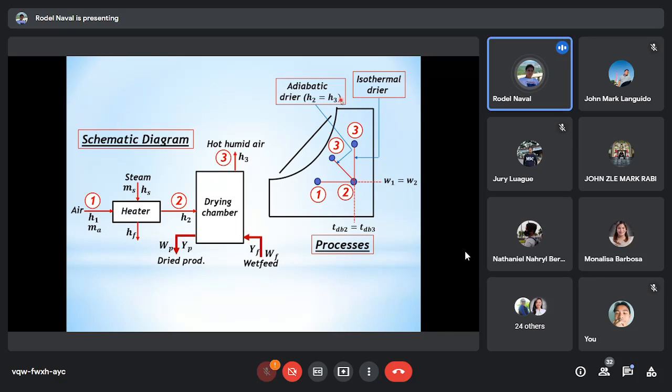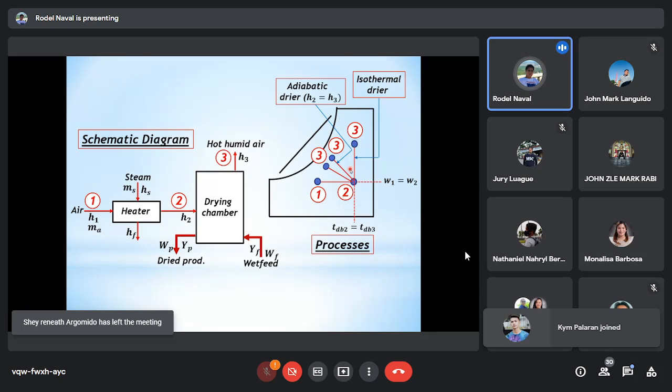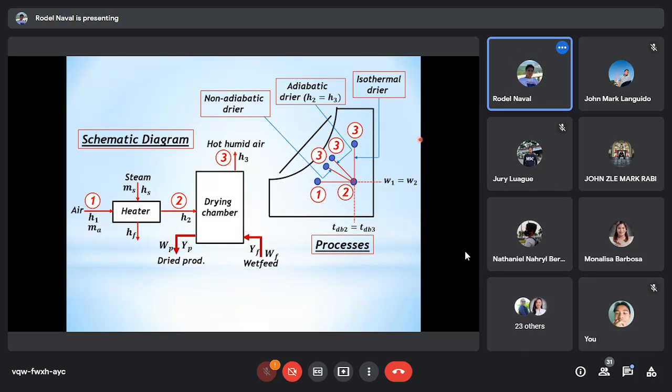H2 equals H3. And if the enthalpy is not constant, 2 to 3, again cooling and humidifying, and your enthalpy is not equal, therefore this is a non-adiabatic dryer. H2 not equal to H3.